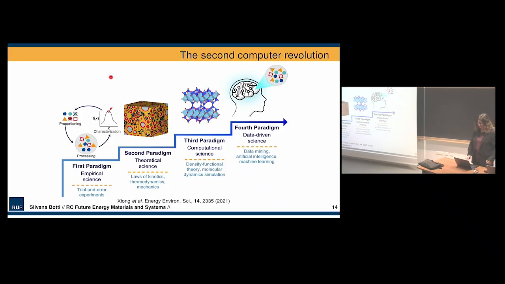And so I told you something about doing calculations with DFT, what kind of calculations we need to do to build the Alexandria database. But now you see, this figure comes from a review article of some years ago, and it shows the different paradigms of science, and you see that we went from the 3rd to the 4th one, and let's say that now it's really hard to work without data and without machine learning.